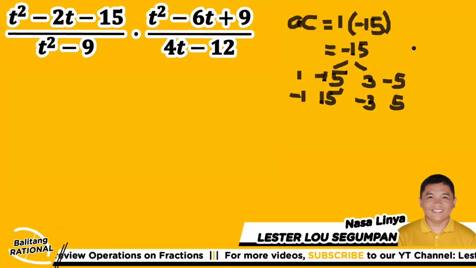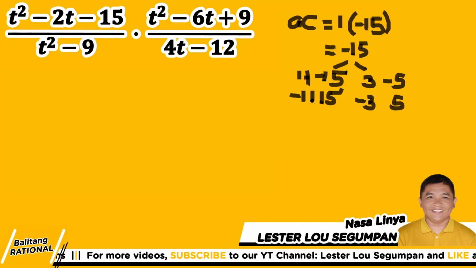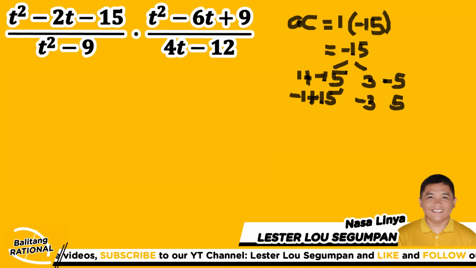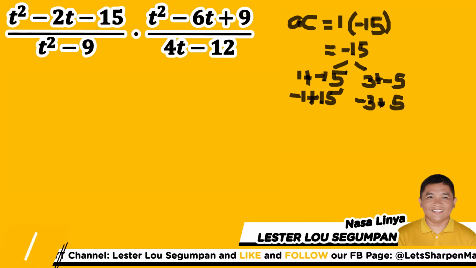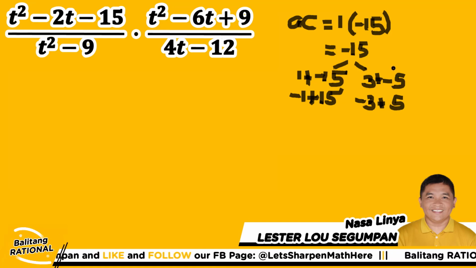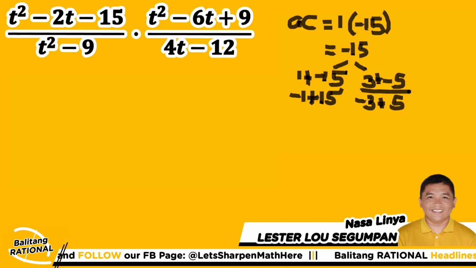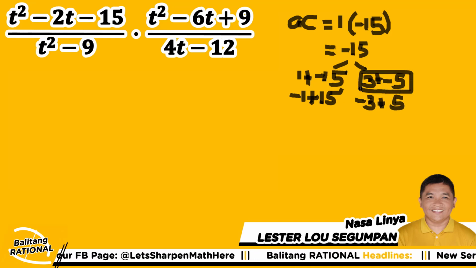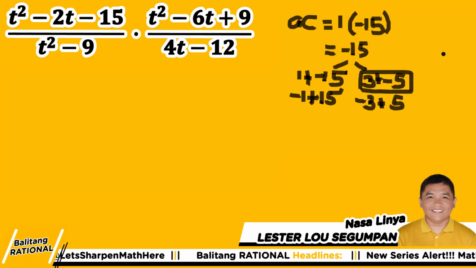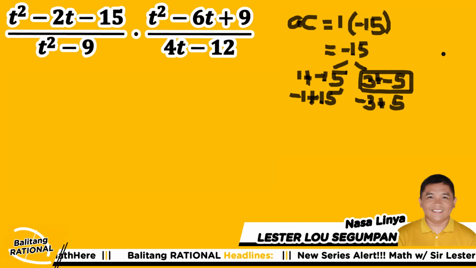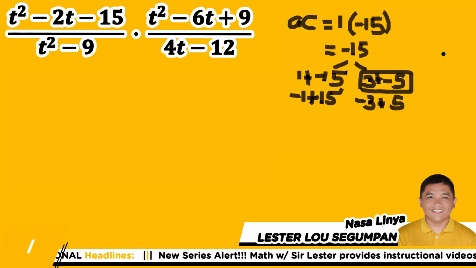Which of these four pairs po, kung ating i-add, will result to our middle term or middle coefficient, which is negative 2? If we can look for a pair, then it's factorable po, and we can proceed with the use of the coefficients. Ito po yung ating coefficients na hinahanap, because 3 times negative 5 is negative 15, but 3 plus negative 5 is negative 2. It fits the criteria.